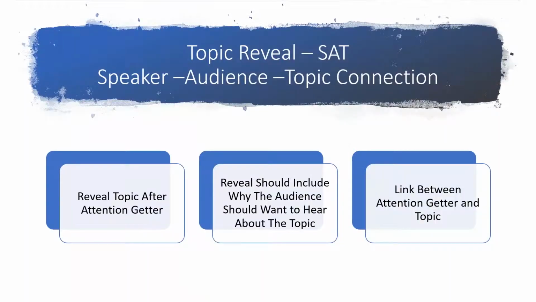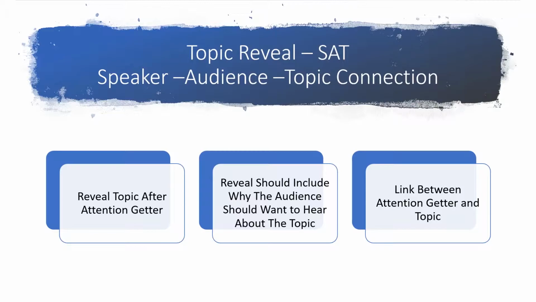Now, let's talk a little bit more about your topic reveal, or basically what is your speaker audience topic connection. You want to reveal your topic pretty much after the attention getter so that people start to get a clear idea of what you're going to talk about. Then you want to reveal why the audience should care about it. So why should the audience want to learn anything about your topic?